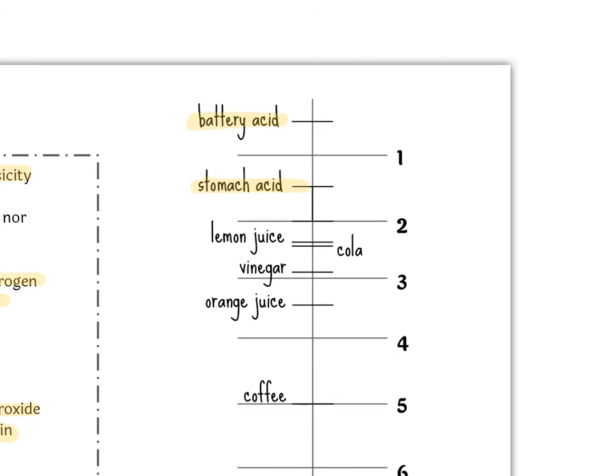And then coming in at about a 2.4 on the pH scale is lemon juice. Lemon or any type of citrus is going to be pretty acidic. Coming in at a 2.5 on the pH scale is cola, any type of soda or carbonated beverage of your preference.